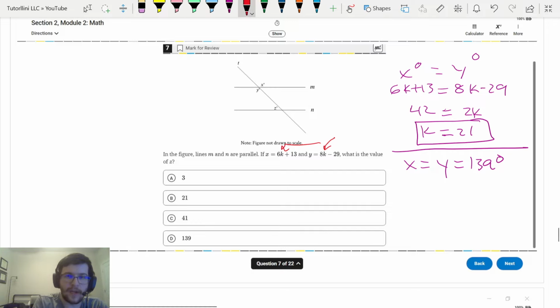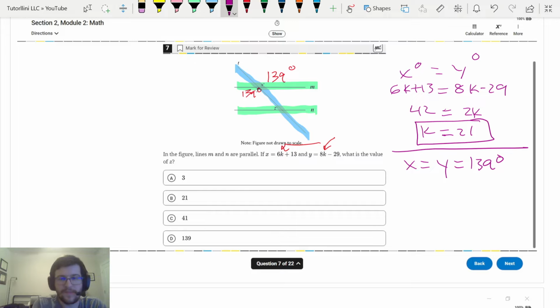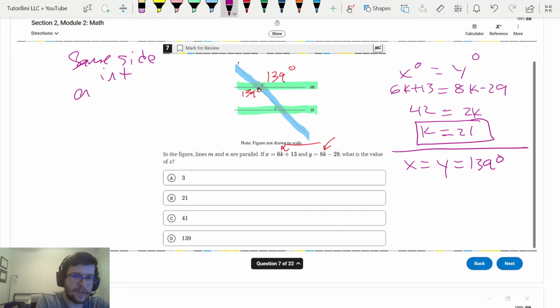So now that we know that, I'm going to label it in red. Now, we talked about this earlier. See how y and z are on the inside of the sandwich? That means they're interior angles, and they're on the same side of the transversal, the blue. So they're same side interior angles. So same side interior angles are supplementary. We talked about that on another question earlier in the video.